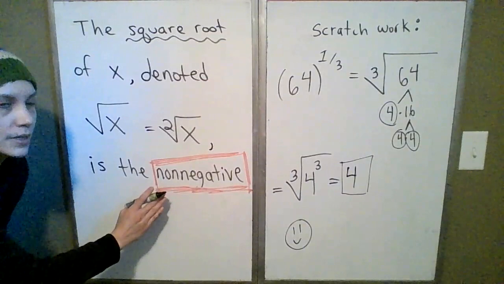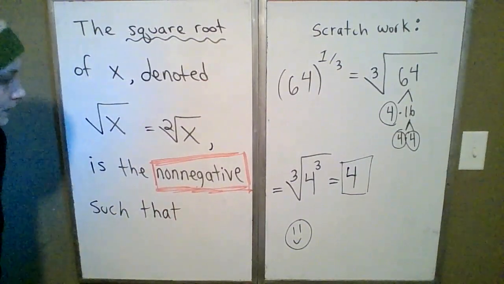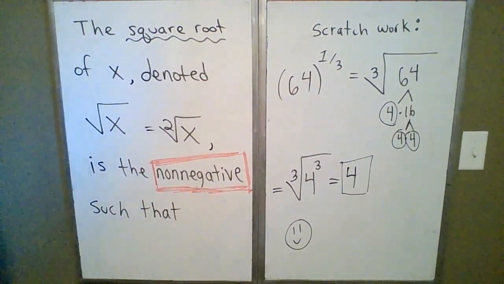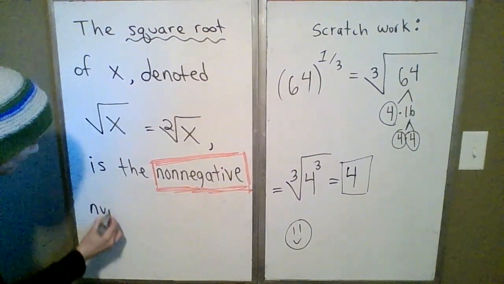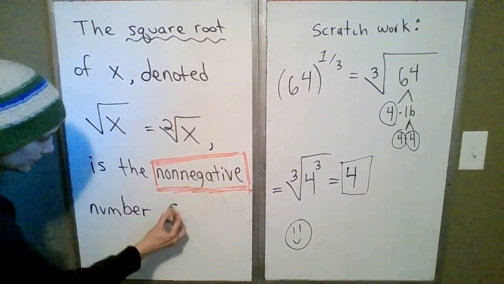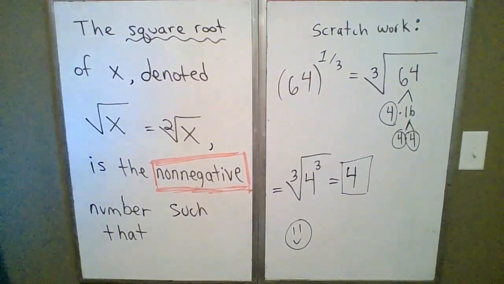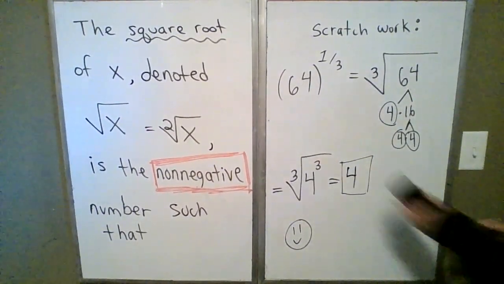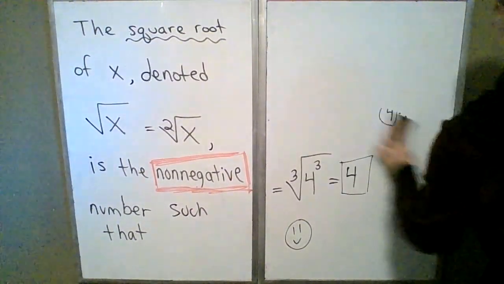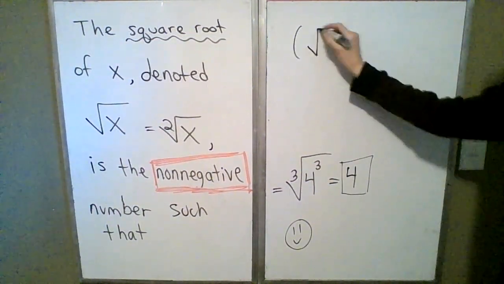The non-negative number such that, okay, so it's a number so that when you take the square root of x and square it, you get x.